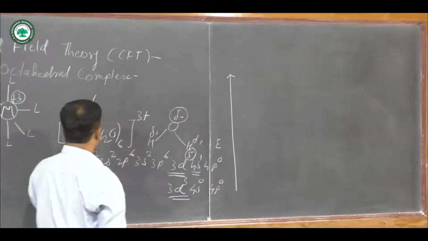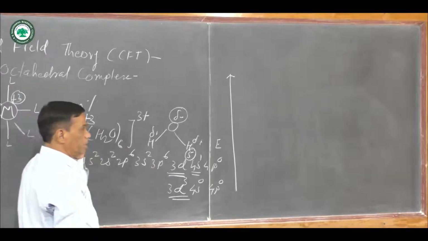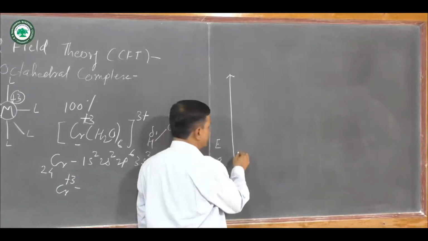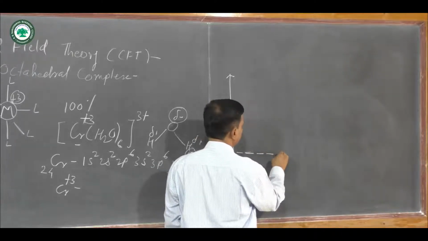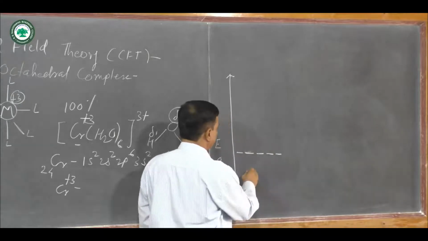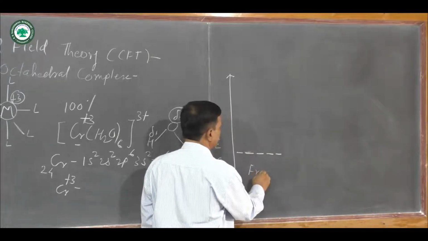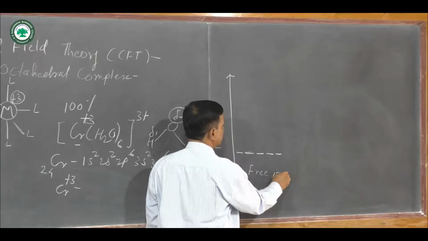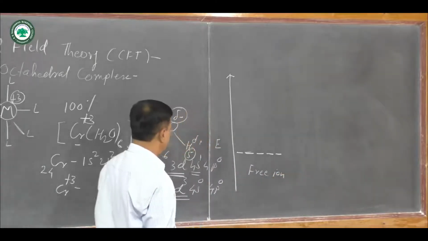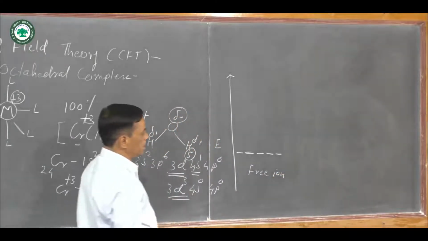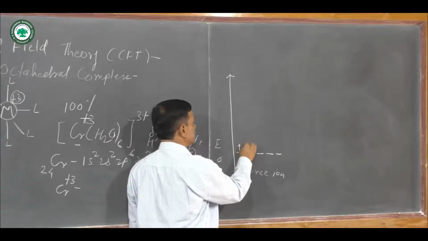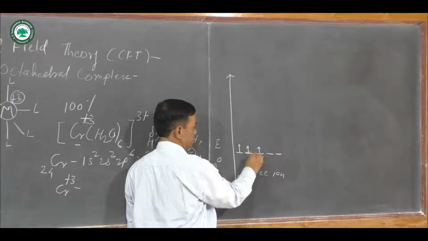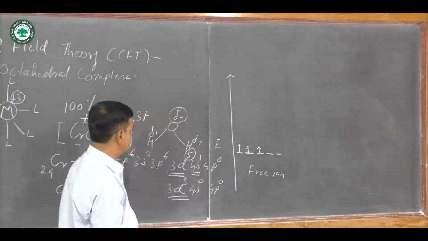Suppose that chromium 3+ is in a free state and these are the 5 d orbitals, 1, 2, 3, 4 and 5, and this is for the free ion. Free ion means Cr3+ ion. In the 3d orbital there are 3 electrons, and these 3 electrons are represented like this.